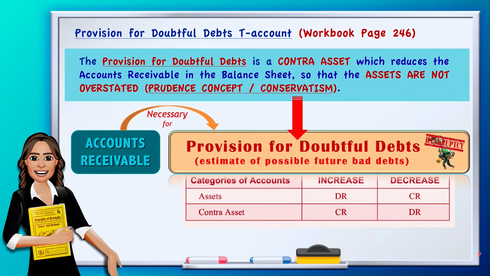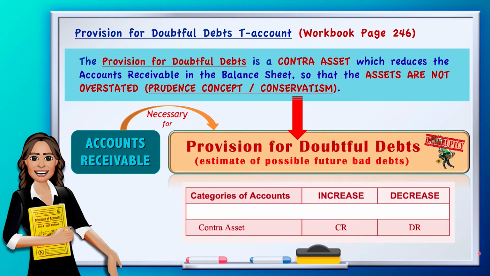As a contra asset, whenever there's an increase in the provision for bad debts or doubtful debts, we credit it, or put it on the credit side. And whenever there is a decrease in the provision for doubtful debts, we put it on the debit side. Increase, credit; decrease, debit.